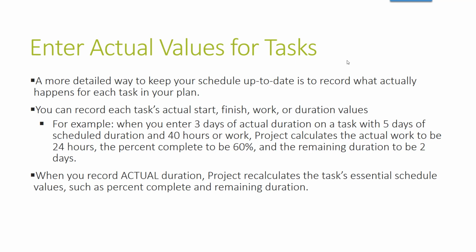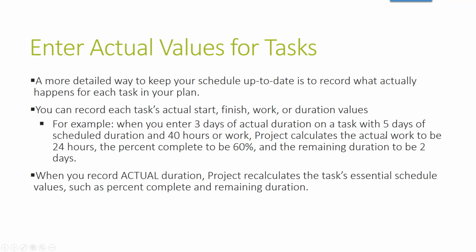So for example, when you enter 3 days of actual duration on a task with 5 days of scheduled duration and 40 hours of work, Project calculates the actual work to be 24 hours, the percent completed to be 60, and the remaining duration to be 2 days, right?